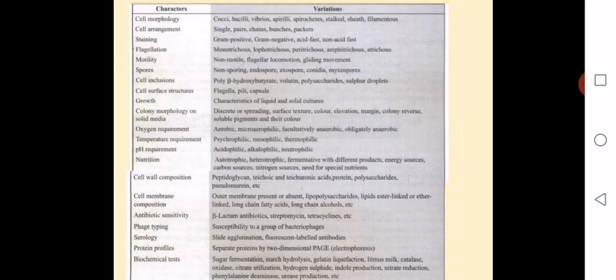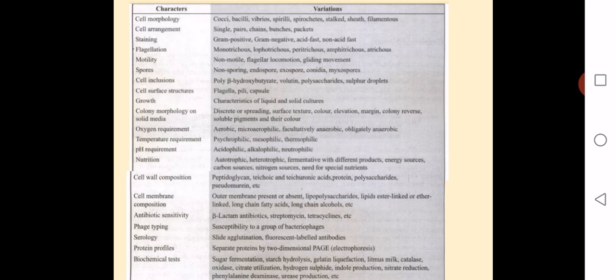So these are the different characteristics which are widely used for the study of organisms, and this data is used for the classification under the phenetic system. These are certain examples. Still, we have many others: cellular morphology, staining properties, motility, spore production, inclusions, metabolic activities, cell wall composition, membrane composition, antibiotic sensitivity, phage typing, serological features, and most importantly, the biochemical features.